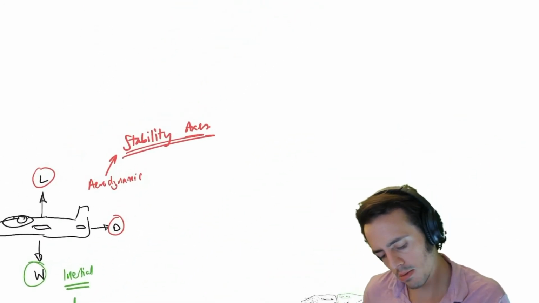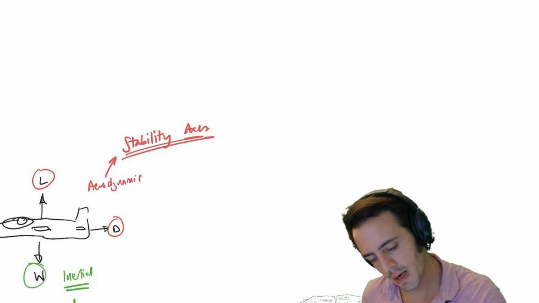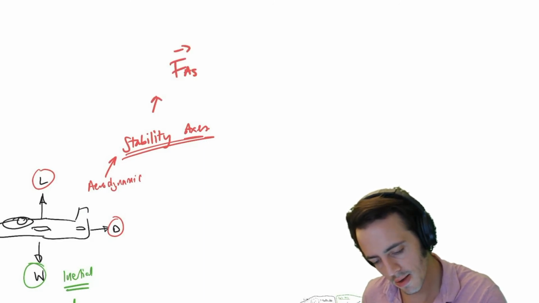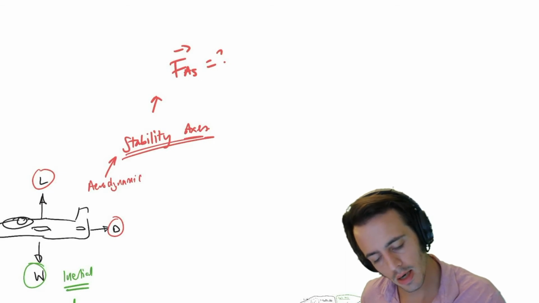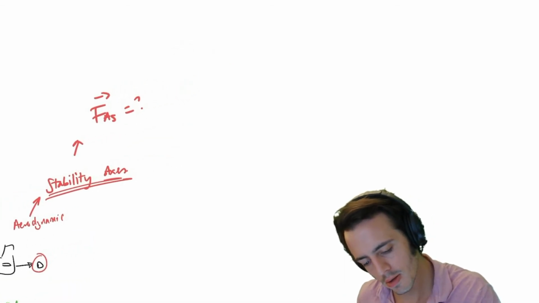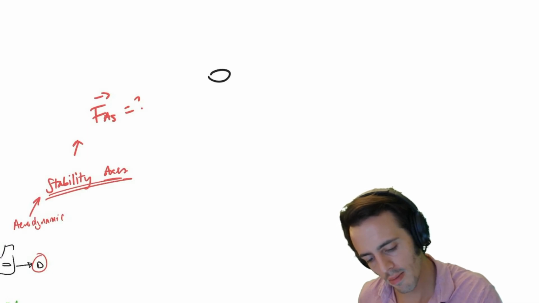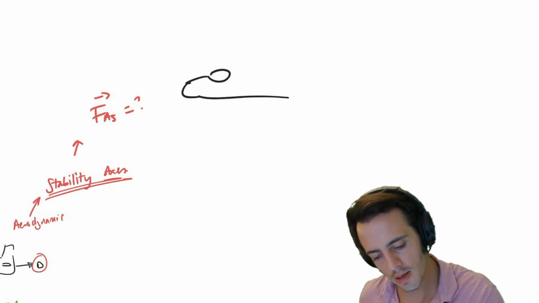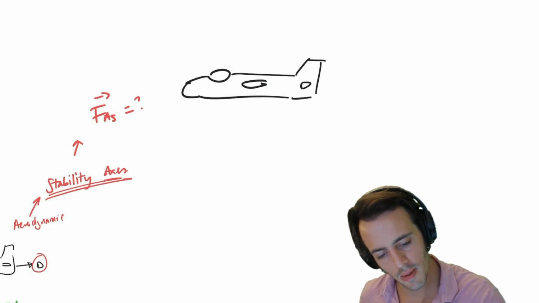Let's think about aerodynamic as well whilst we're here. Let's think about F aerodynamic in stability axes. Well, let's remind ourselves about stability axes. Let's draw another aircraft. I'll try and not make it a terrible one. Let's give this a little bit more space, actually.